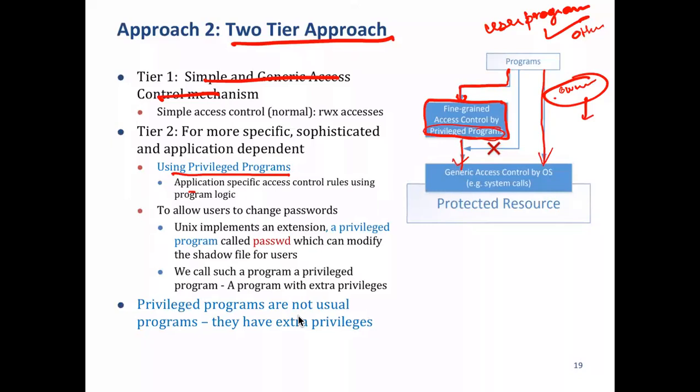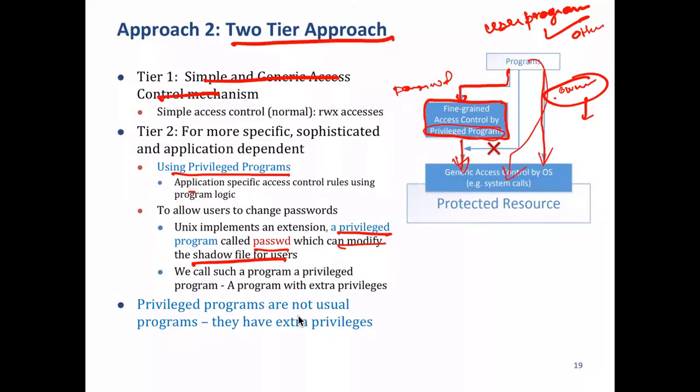Okay, so Unix implements an extension called privileged program, for example the password program. This program can modify shadow files for others, but the user directly cannot modify shadow files.